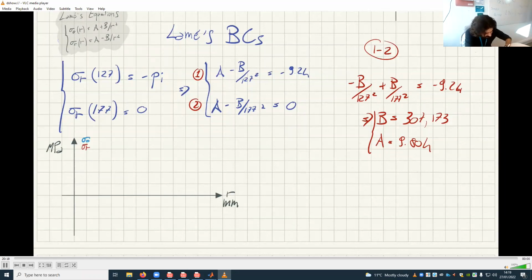This is the initial radius and this is the final radius, the outer radius. So I can find out quite easily that the distribution looks like this, and looks like this.